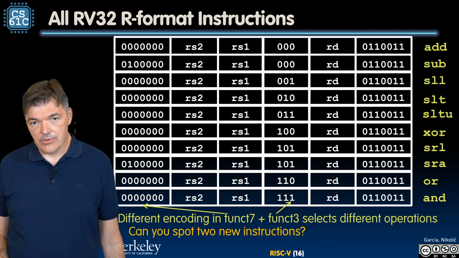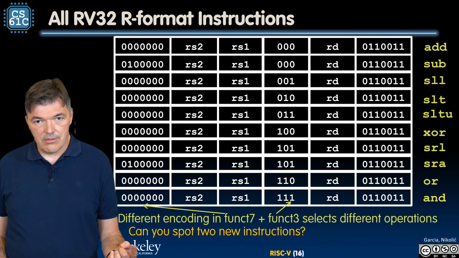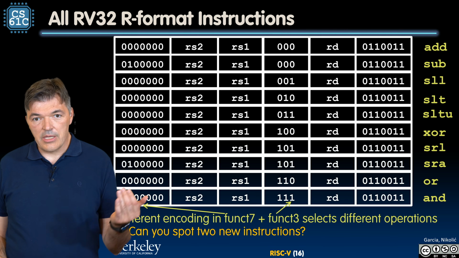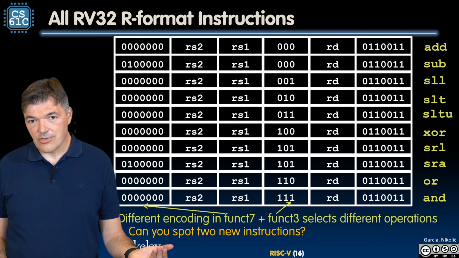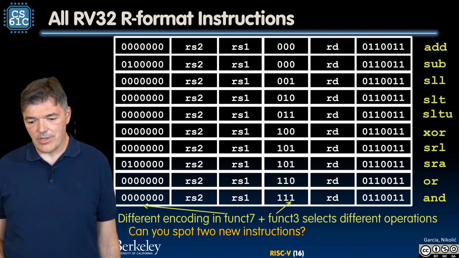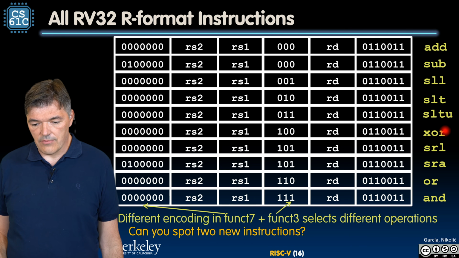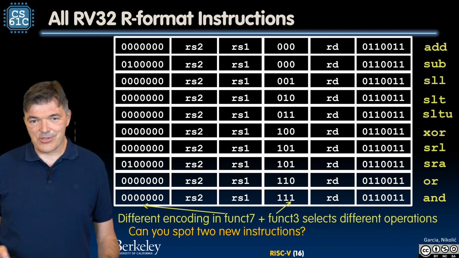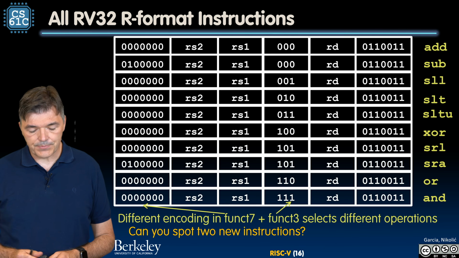It compares the values of source registers RS1 and RS2, and if the contents of RS1 is less than RS2, it sets the destination register to 1. It is useful for comparisons. And then there is the unsigned version of that. Then we have XOR, shift right logical, shift right arithmetic, OR, and AND. So we just added two more instructions over here that are very useful.